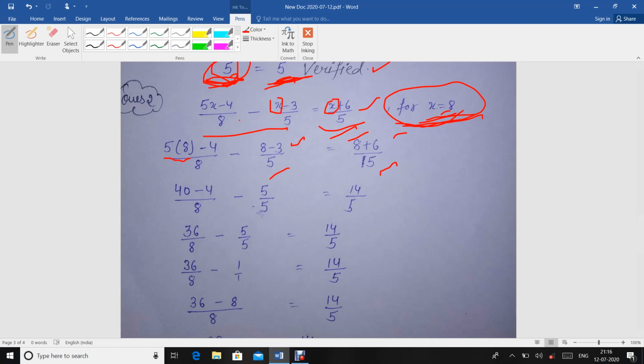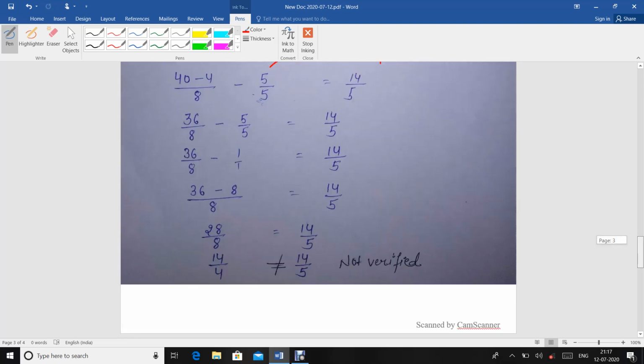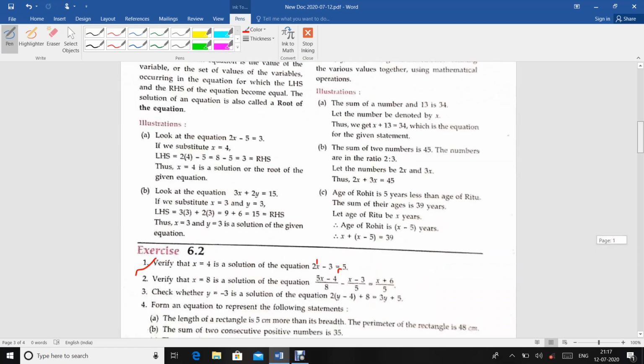The remaining equation will remain the same. After that you will solve it and find out the answer. Now you will solve it further, and you need to do all the questions by yourself, in your fair notebook, and complete your notebook also.